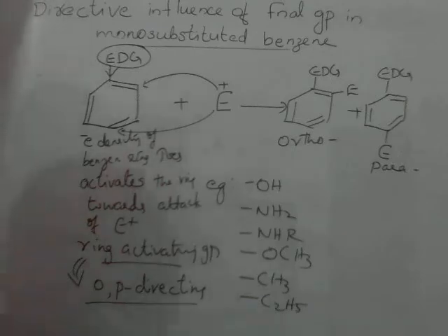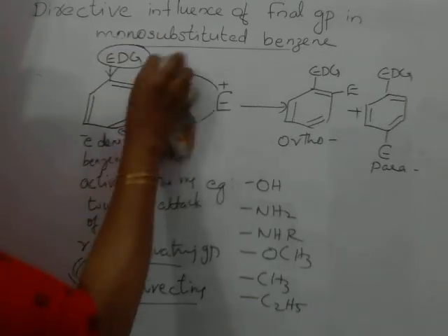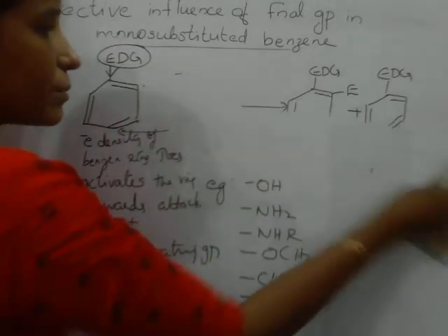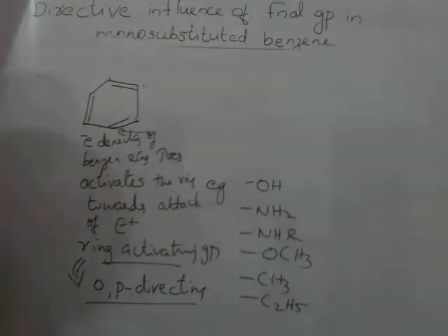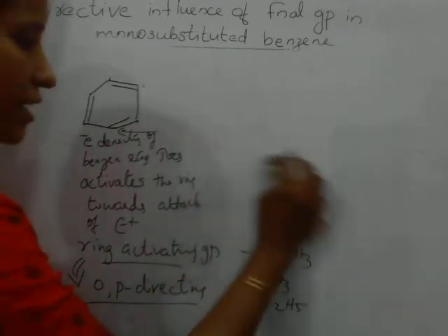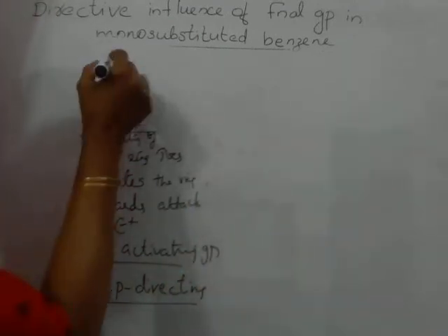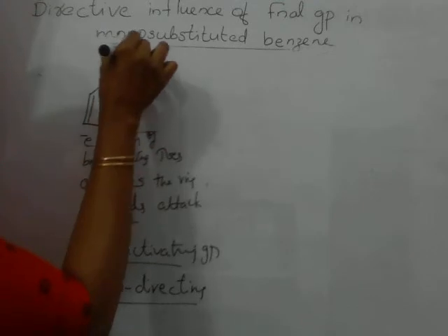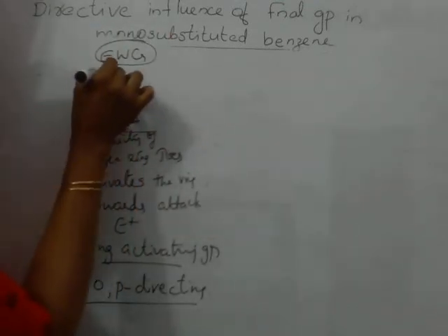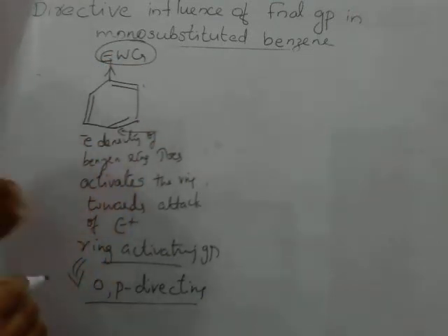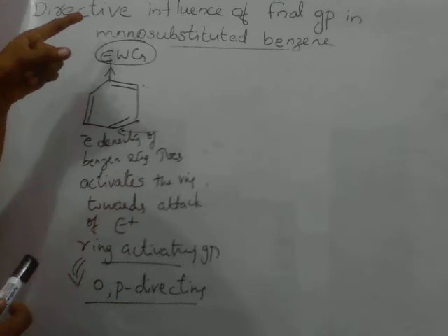In the same way, if the group attached to the benzene ring is electron withdrawing, if the benzene ring contains an electron withdrawing group, EWG, the substituent would withdraw the electron density from the benzene ring. It would take away the electron density from the benzene ring. So here the electron flow is just the opposite, from the benzene ring towards the electron withdrawing group.